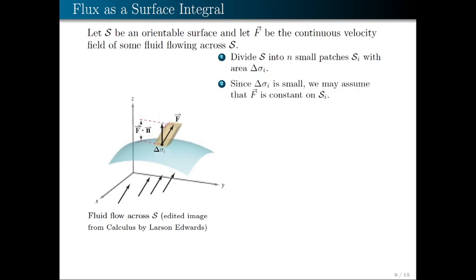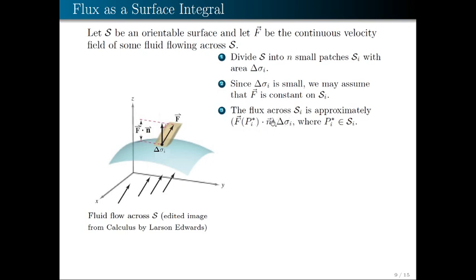Okay, next, since the patches are assumed to be very small, we can assume then that the velocity across each patch would be constant. So we just take a point on each patch and evaluate F at that point. Next, using the formula from the previous slide, the flux across each patch S sub i would be approximated by this one: the force on that patch dotted with the normal vector of the patch, multiplied by the surface area of the patch.